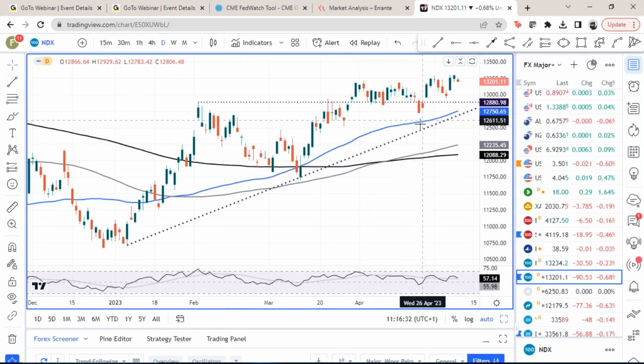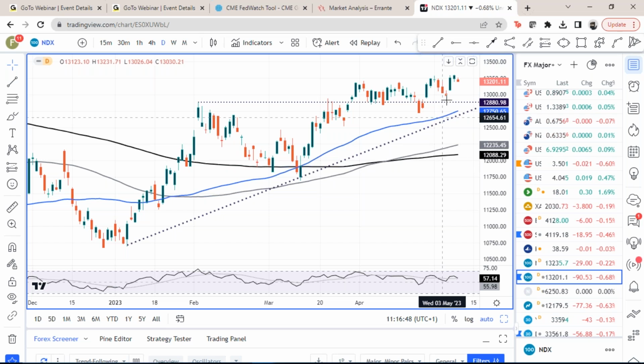We're holding above that. We dipped below it briefly towards the end of April, but then still remained above it. The longer we track sideways, we always think the bigger the range expansion will eventually be.